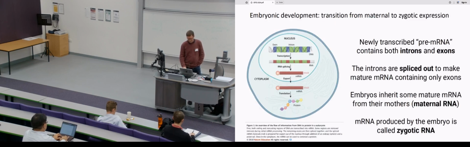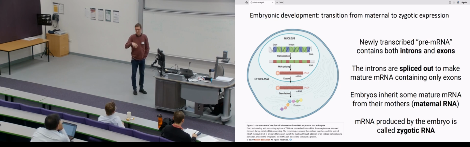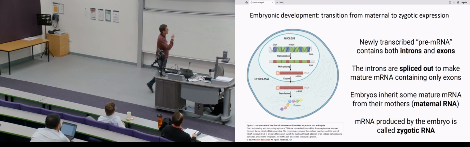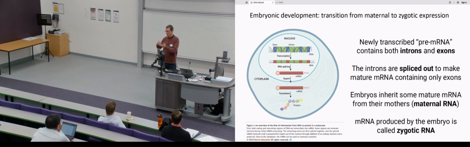Okay. So I'm going to go back to RNA now. I'm going to talk a bit more about time series, but with richer kinds of models. So the data I showed earlier was from Drosophila embryos. And there's this really cool thing in embryos where the embryo initially is running entirely from the maternal gene expression. So basically, when you have an embryo, initially it's not producing any of its own RNA.